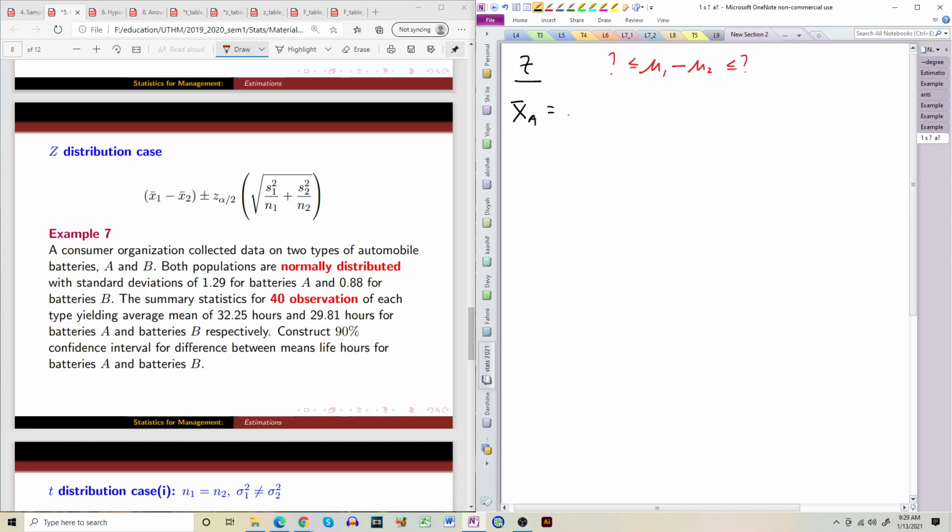Average of A is 32.25, mean B 29.81, standard deviation A 1.29.